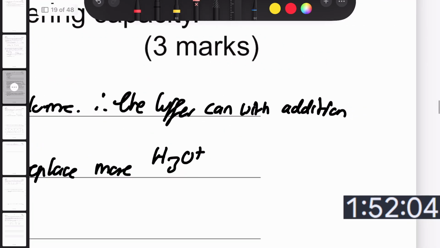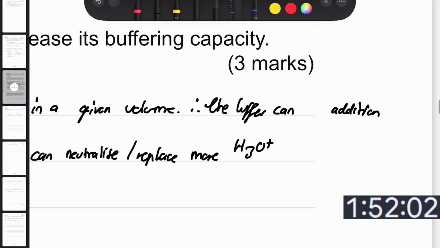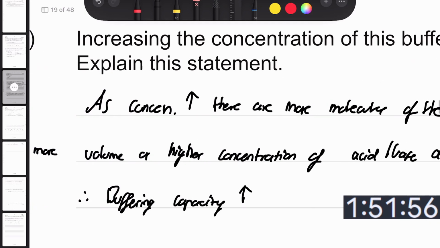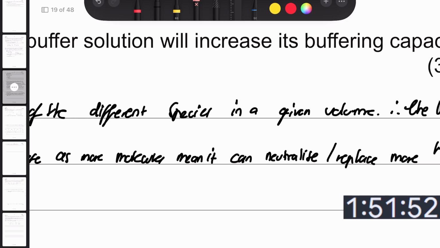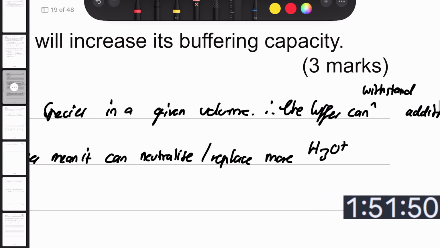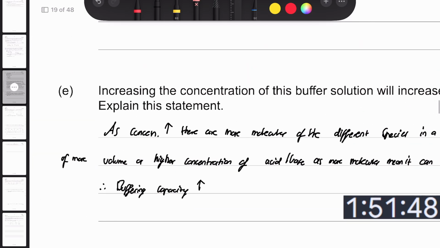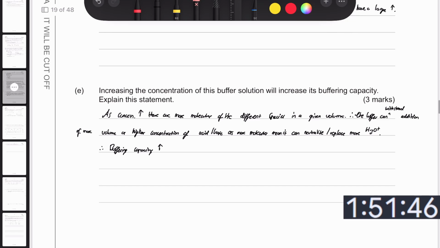The buffer can withstand addition of more volume or higher concentration of acid, as more molecules mean they can neutralize/replace more H3O plus. Therefore, buffering capacity increases.